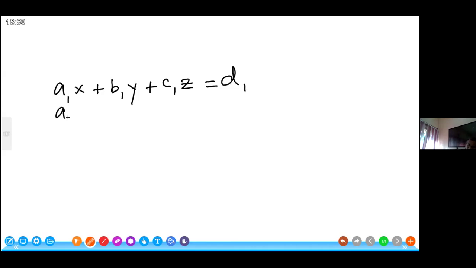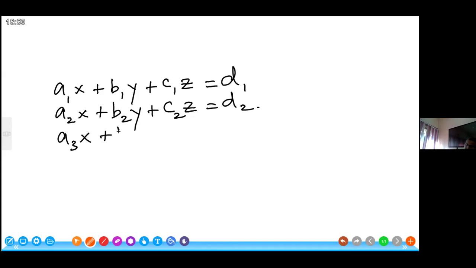Then a2x plus b2y plus c2z equal d2. Similarly, a3x plus b3y plus c3z equal d3. Is it clear? So a, b, c are coefficients.